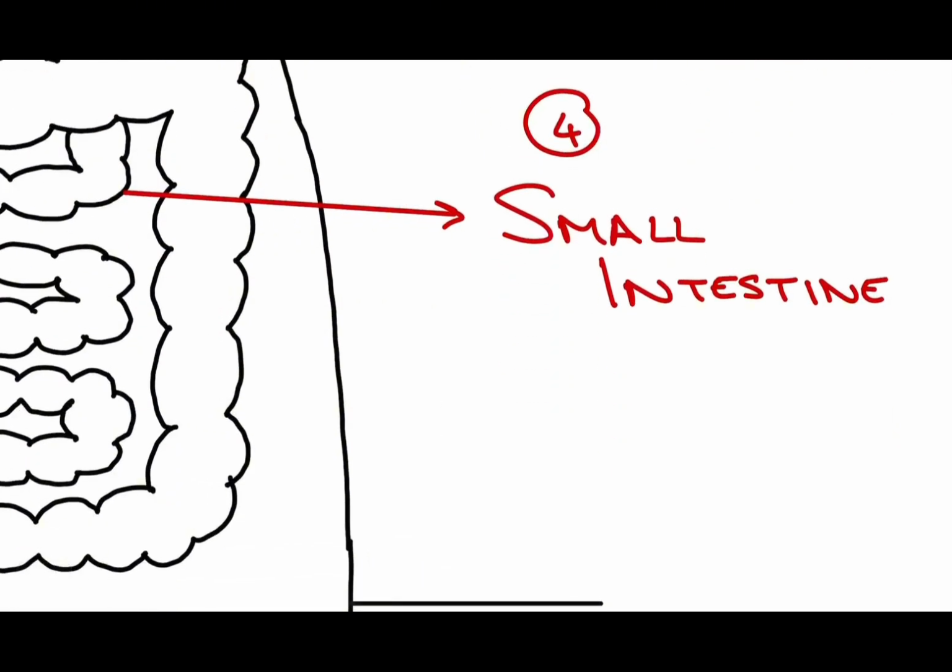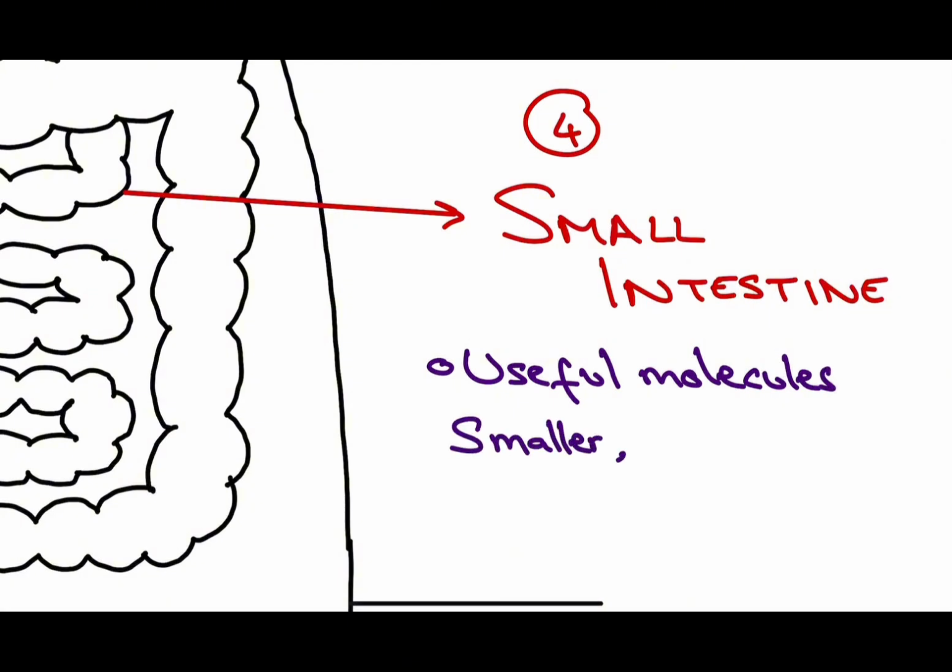And then you have your useful molecules, which are now smaller and more soluble. So they are then absorbed into the bloodstream, and they travel around the body to the required places in the body.